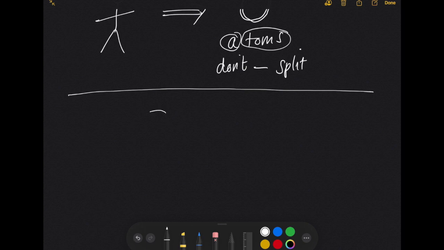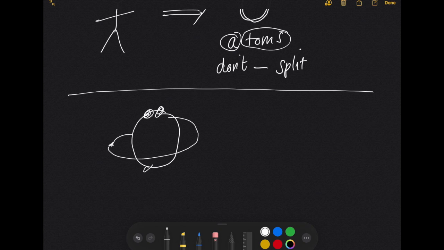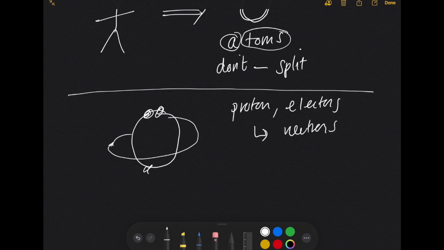And again, if we look at an atom, we usually see that we have these electrons whizzing round, and we also have them built up of protons and neutrons, and we have all these different parts. But okay, what else do we know?